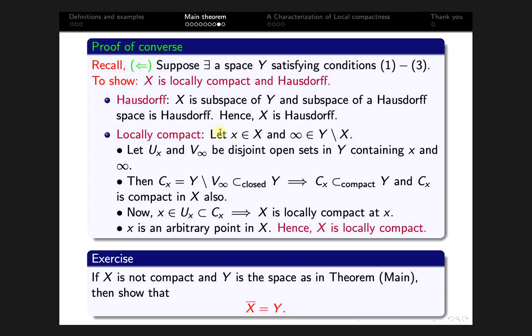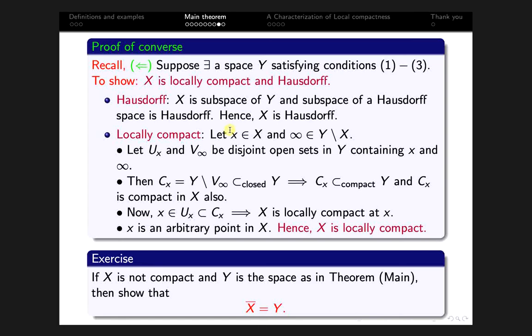For that, we consider any point little x in the topological space X and infinity from the complement of X in Y. Then we have already seen that Y is Hausdorff.